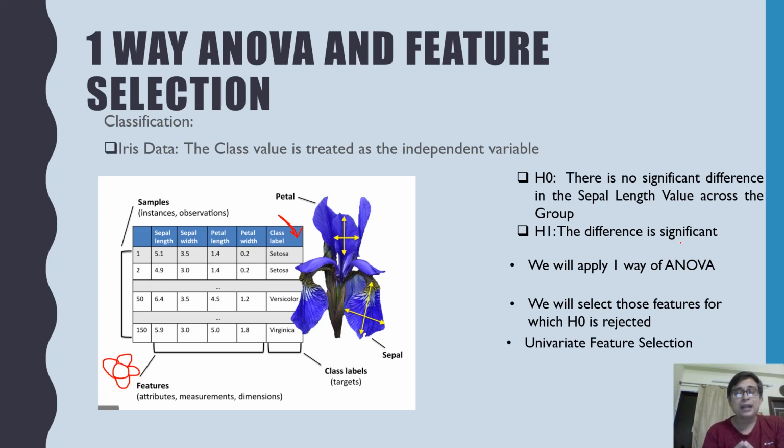Now you know that you need a pair of variables, one categorical, one numerical. So naturally this can be used when you are doing a regression problem, so the output is numerical. However, there is a categorical variable involved.